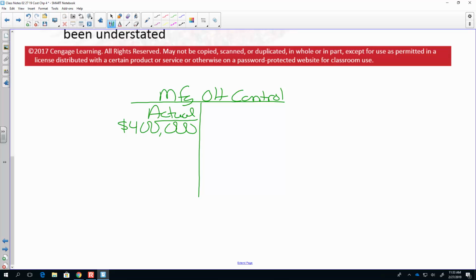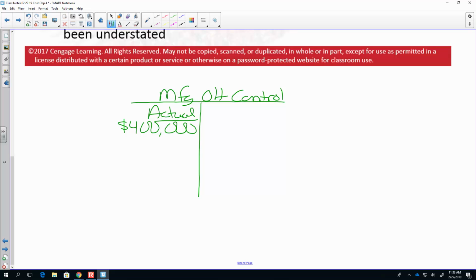Okay. So I have actual on the left. Think of the journal entries. I get the utility bill for the month. I debit this control, credit utilities payable, or accounts payable, right? Or if I have depreciation for my equipment, I debit what? Not depreciation expense. We're in cost. Let's assume the equipment is manufacturing.